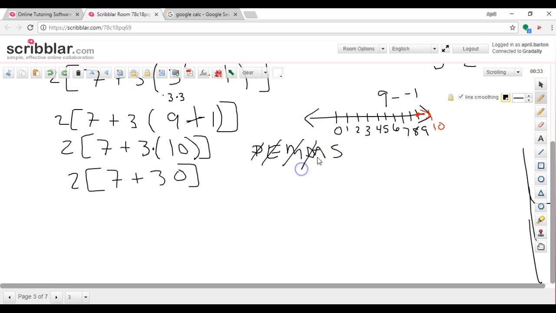We have no divide. We do have add. So we do the 7 plus 30, which is 37, and then 2 times 37 is 74. So again, a number next to a bracket, that's multiply at this point, because once we get it down to one number, we don't have to worry about the parentheses step anymore.